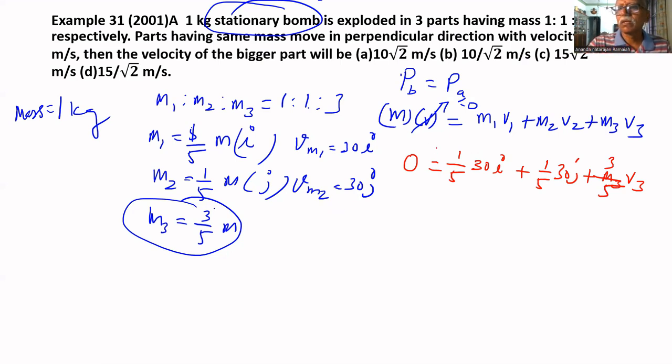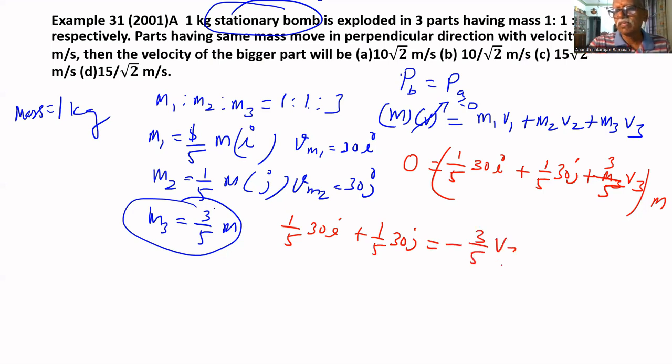In everything, M is there. That's why we can take M outside. That is not equal to 0. Therefore, 1 by 5 30i plus 1 by 5 30j equal to minus 3 by 5 V3. We have to find V3. 5 also getting cancelled.